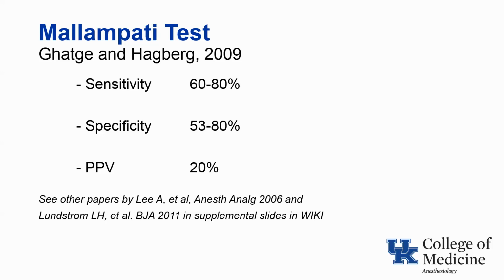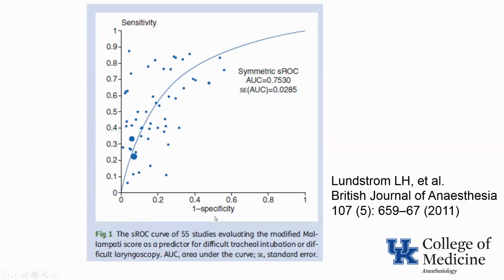I have included a number of other papers in my supplemental slides that I posted on Wiki. This is a receiver operator curve of the Mallampati classification to predict difficult airway, and you see the area under the curve is about 75%.